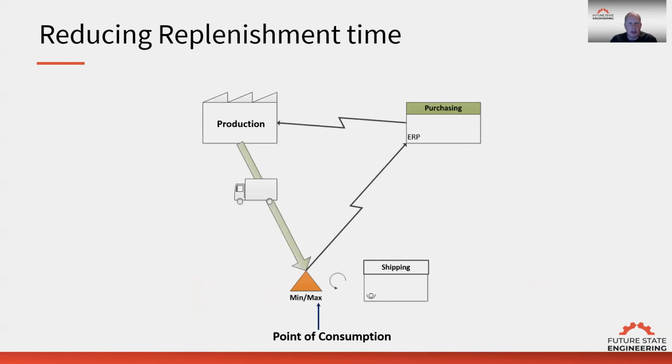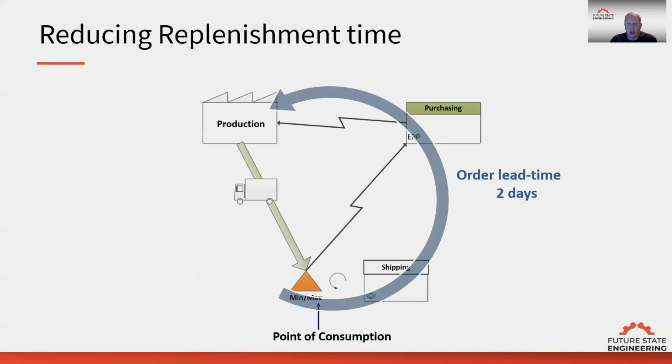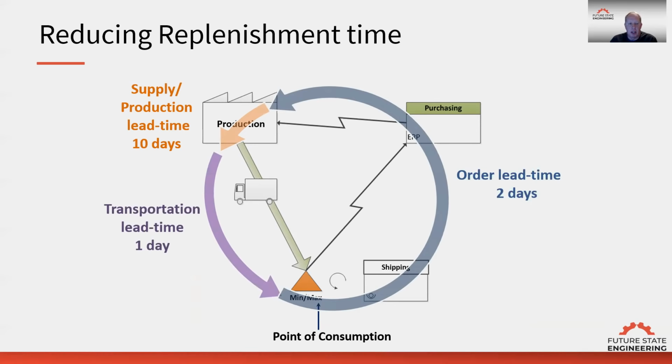Looking at this scenario, our order lead time is now 2 days, production supply lead time is 10 days, and transportation lead time is 1 day. The new replenishment time becomes 13 days. So we're reducing from 23 days to 13 days. What impact does that have on our inventory?